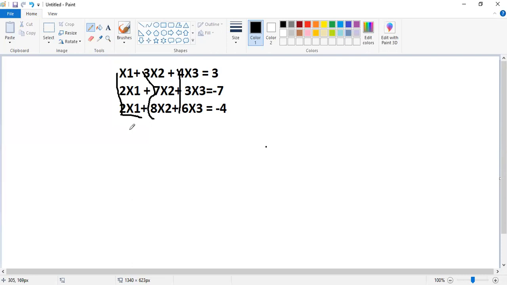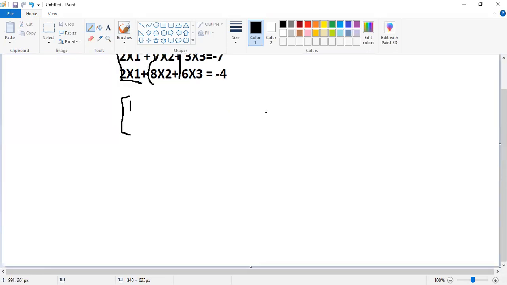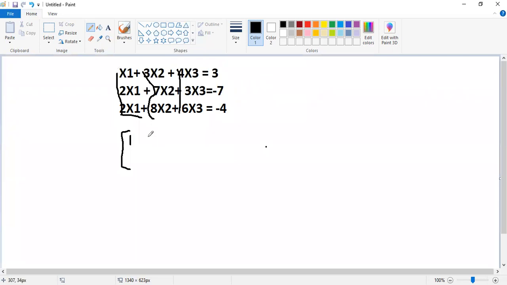So when you are grouping the coefficients, we get 1 for this part, 3 for the next one, 4 for the next one, 2 for the other one, 7, then 3. Then we get 2, we get 8, then we get 6. So that's grouping the coefficients.